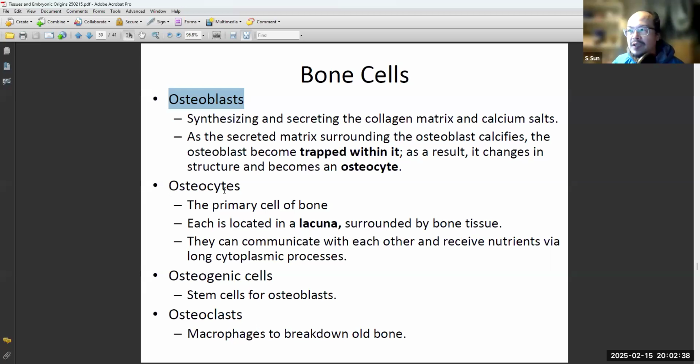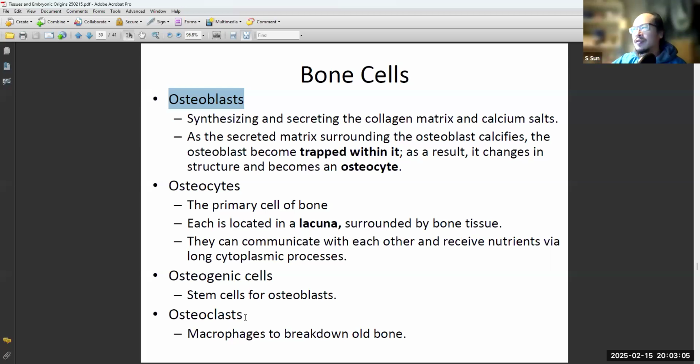The primary one is the osteocyte. Where is it? It's in the lacuna. What is the one before osteocytes? That is the osteoblast. What are the stem cells? That's the osteogenic cells. What are the cells that can chew away the old bone material? That's the osteoclast.